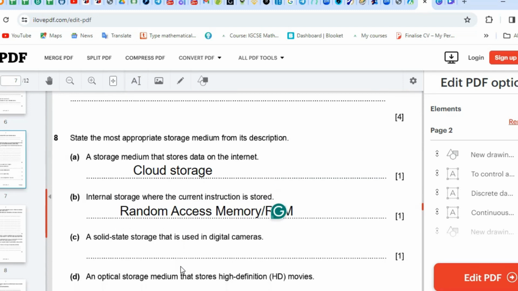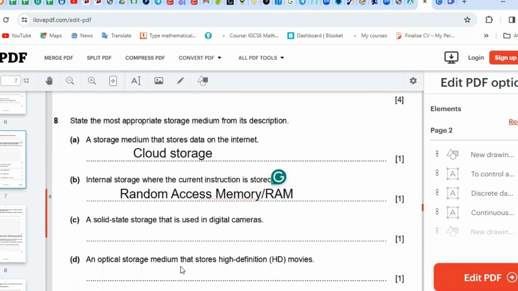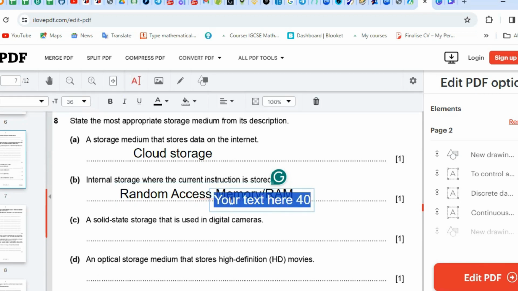C, a solid state storage that is used in digital camera. A solid state storage that is used in digital camera is known as what? It is known as flash memory.